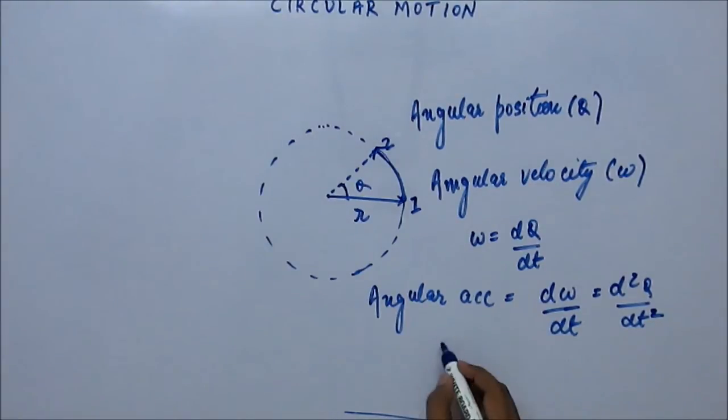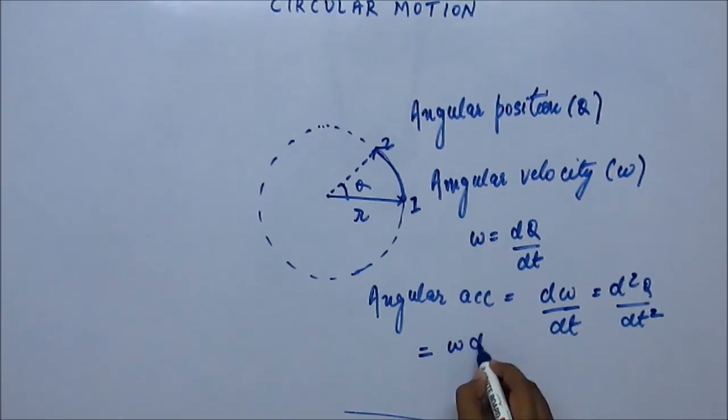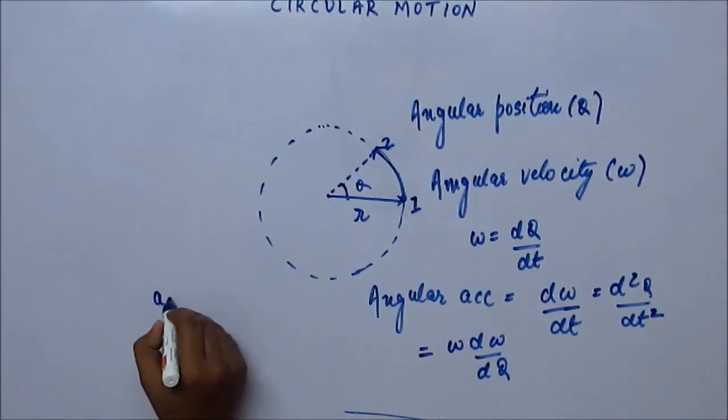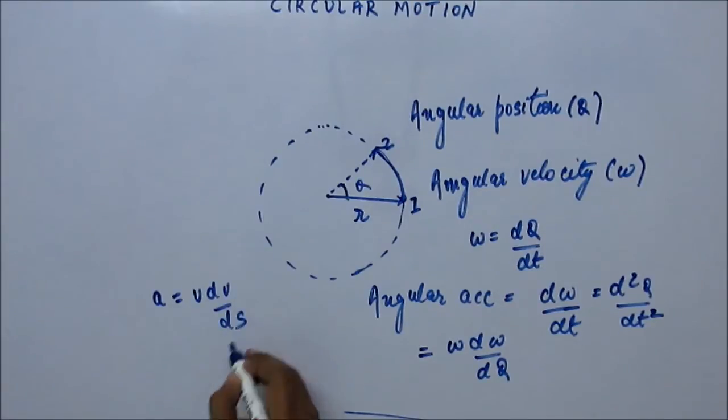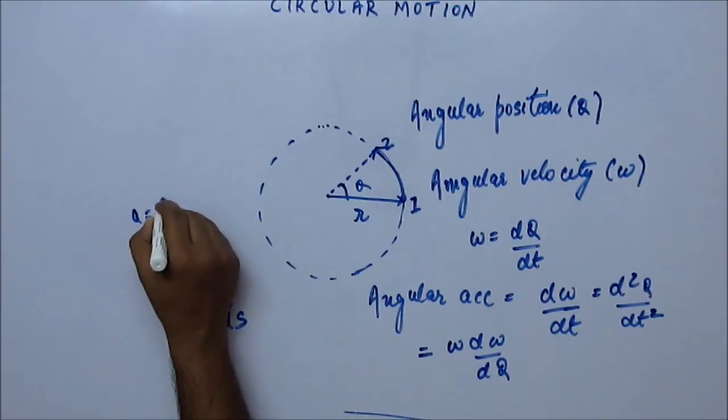Fine. Now we can also write angular acceleration as omega d omega by d theta, as we used to write linear acceleration as v dv by ds. Remember, how did we get a is equal to v dv by ds? Right in the beginning of the course when we studied differential calculus. Acceleration is dv by dt.